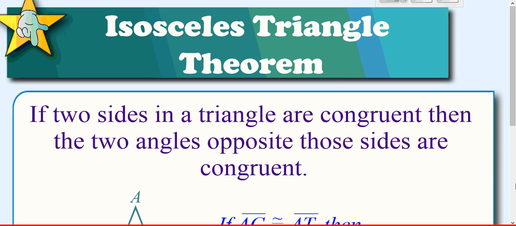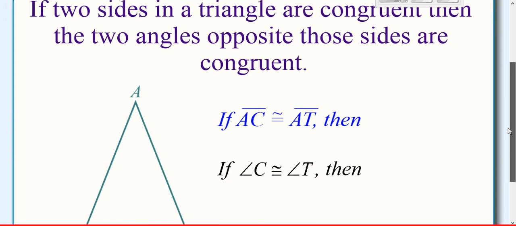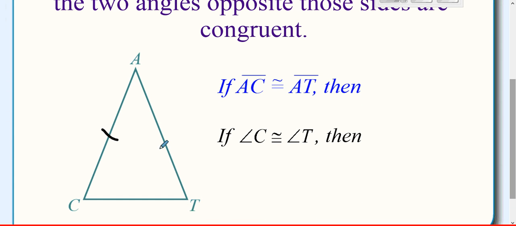If two sides are congruent, then the two angles that are opposite are also congruent. If AC is congruent to AT, then angle C is congruent to angle T. So if the legs are congruent for an isosceles triangle, then the base angles are congruent.